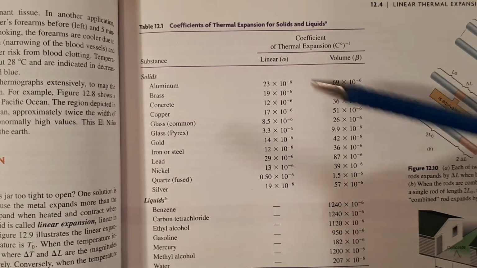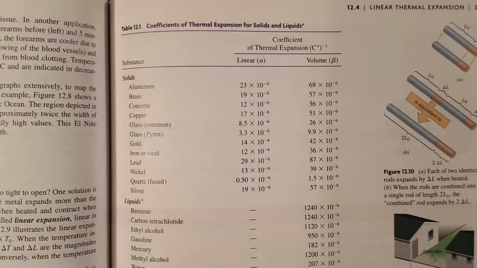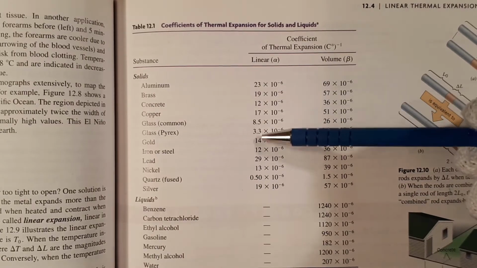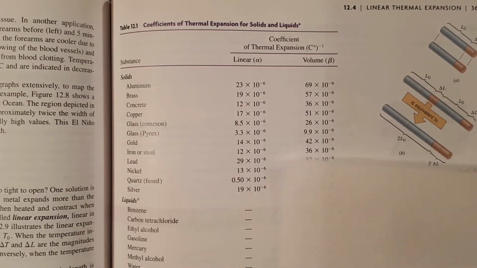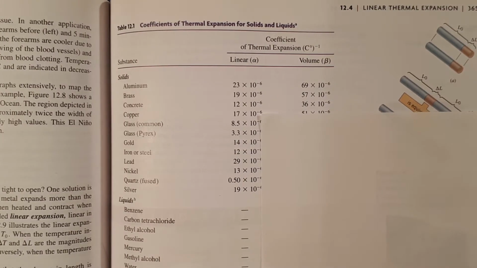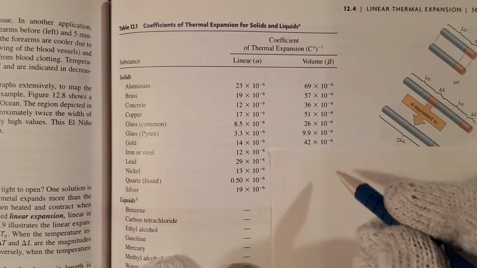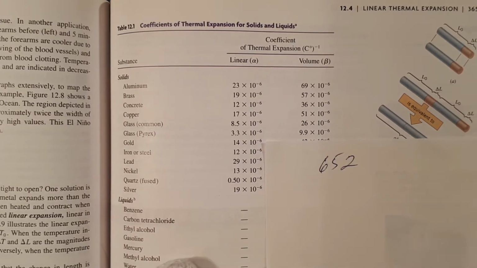Before I go on, look at the exponents here. They're all 10 to the minus 6, and there's some number in front of it, the coefficients. Let's look at that for a minute. For putting something into proper scientific notation, let's say I have the number 652. I want to put that into scientific notation.